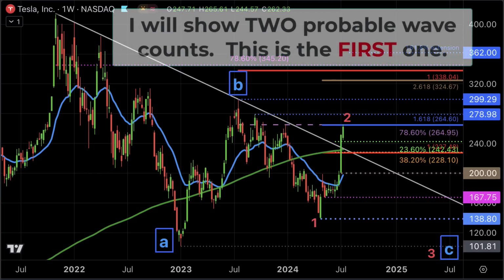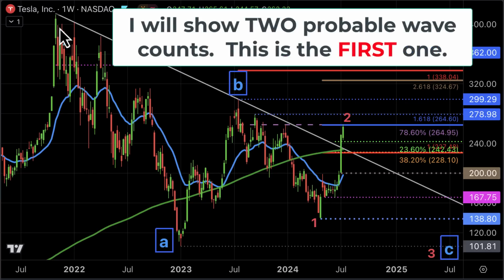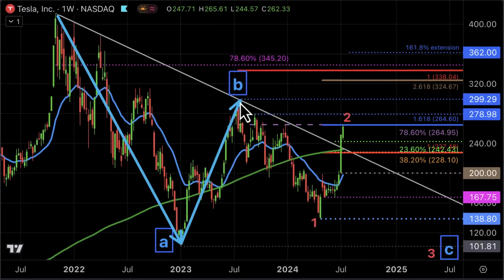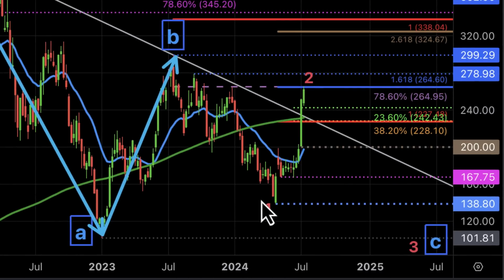So let me show you this wave count. I call this the red count. Again, this was our A wave down, B wave bounce, and we know B wave bounces are composed of 3 subwaves, and that this is simply waves 1 and 2 within a larger degree C wave, eventually by next year to new lows.